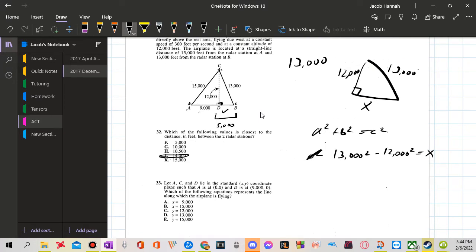D is at 9,000, 0. If you match it up right here in the picture, it's flying at a height of 12,000. So y should just be 12,000.